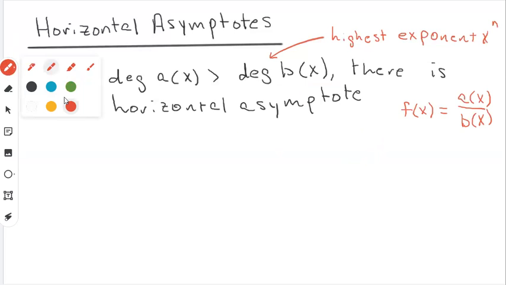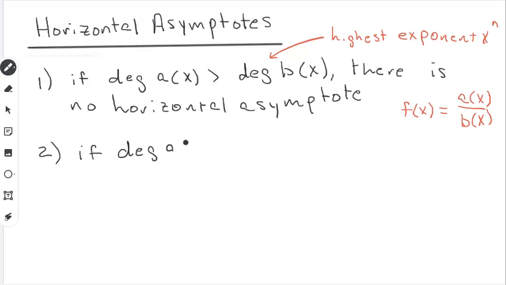But now let's talk about rule number 2. Rule number 2. What if the opposite is true? What if the degree of a of x is less than the degree of b of x? What happens?